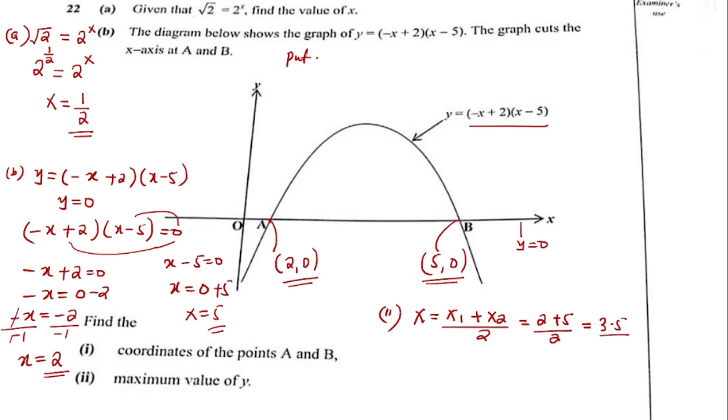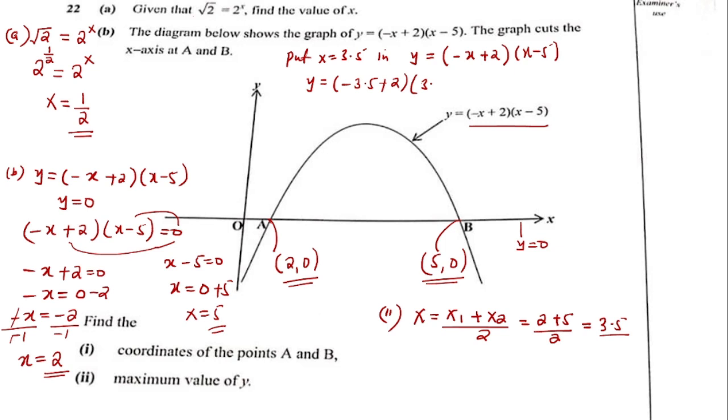So y is equal to negative 3.5 plus 2, then 3.5 minus 5. So negative 3.5 plus 2, that will be negative 1.5, multiplied by 3.5 minus 5, that will also be negative 1.5.